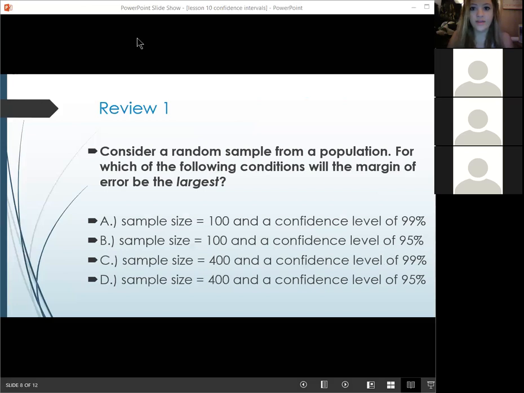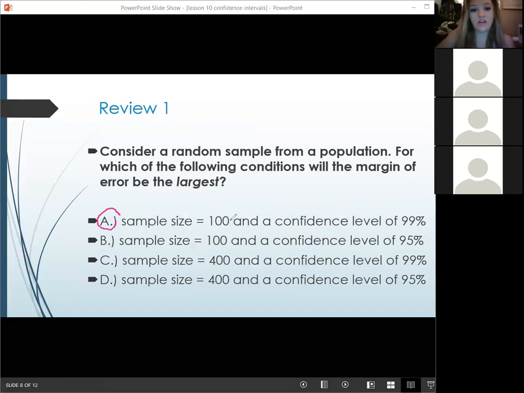All right, great job. Our answer here is going to be A, because this is the one where we have the smallest sample size and the largest confidence level. A large confidence level is going to be more spread out, wider. And a small sample size shows there's more chance of making an error, because remember, we always want to have a large sample size.